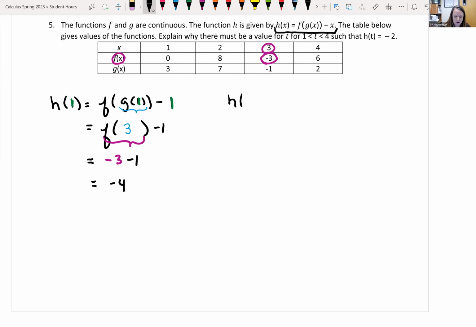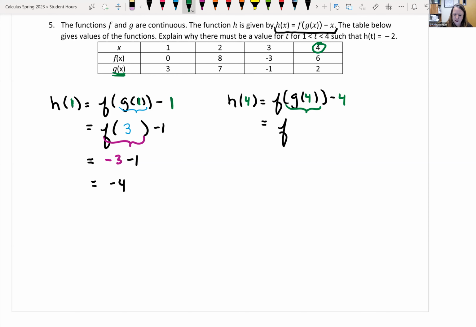So now let's look at what is h of 4. So same sort of reasoning here. I'm just going to go in and plug in 4 wherever I see an x in my function. So this is f of g of, I see an x there, replace it with 4, minus x, but I'm going to replace that x also with 4. So using our table, let's first look at what is g of 4. So I'm going to go over here, figure out when we have x is 4.